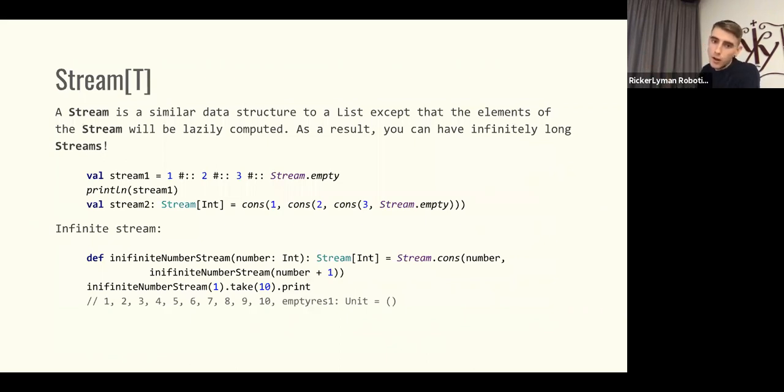So, for instance, you can have an infinitely long stream. For instance, in the second example, we recursively define the infinite stream, and it will compute only when we take values out of the stream explicitly, and until then, this will be like a stream with one value, and that's it.